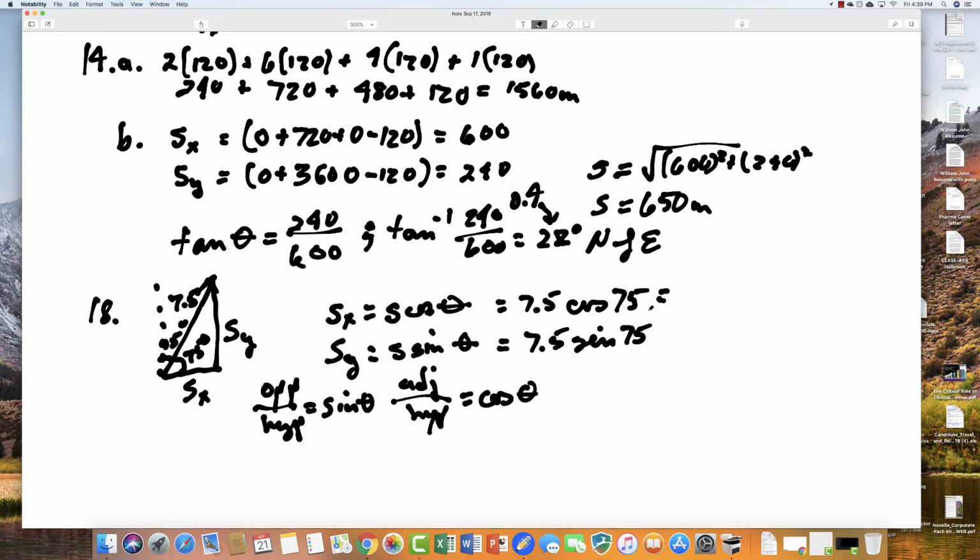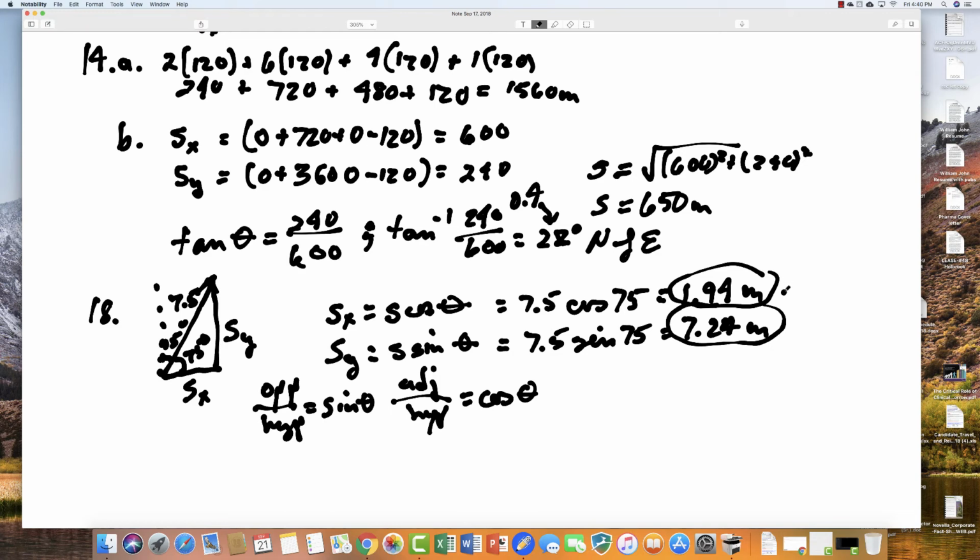So if you do the math here, you get 1.94 kilometers here, and you get 7.24 kilometers here. And so those are the two dimensions. This is the x component, and this is the y component.